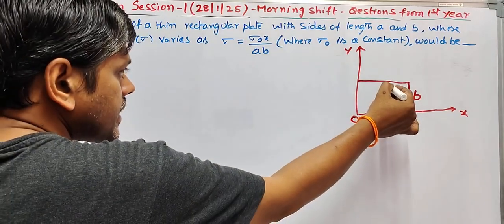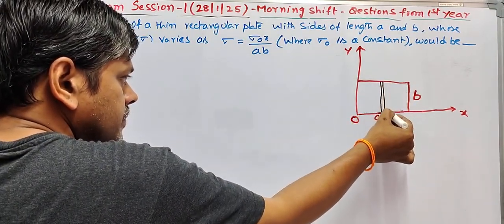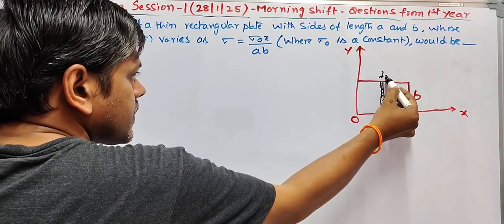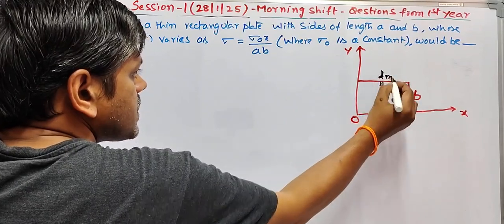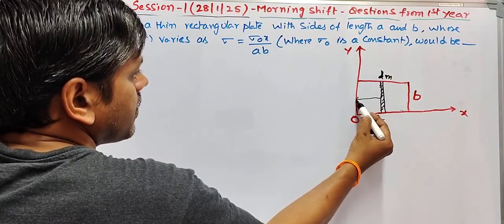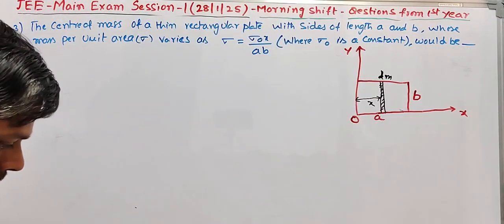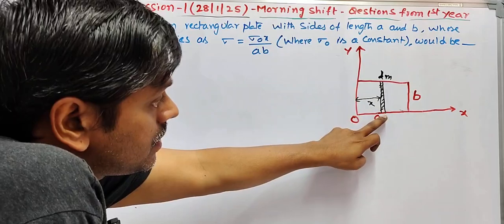You may take a small element, okay, of length dx, of mass dm, which is at distance x from the origin. Okay, so here first you want to calculate center of mass component on x-axis.